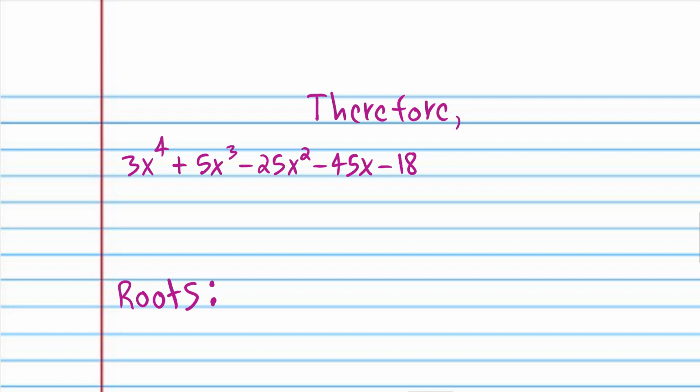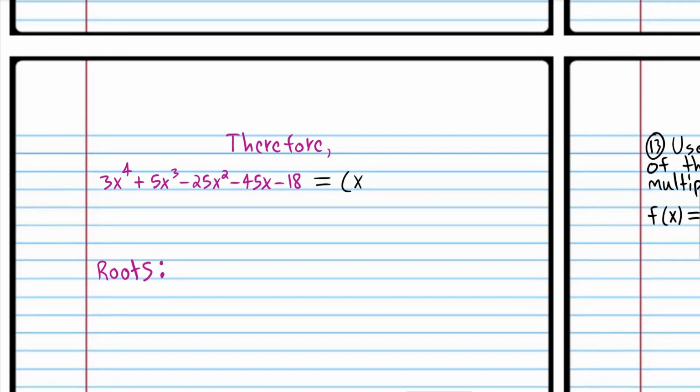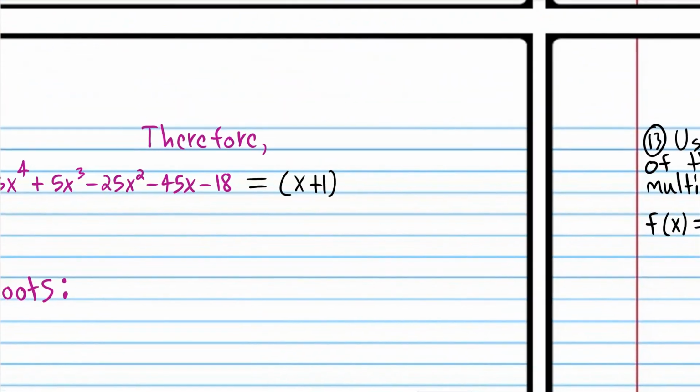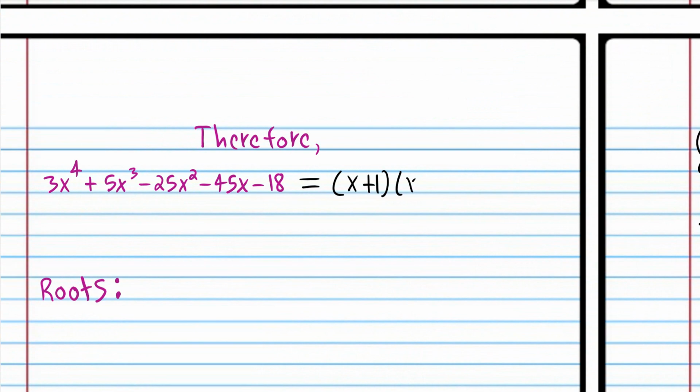Okay, we're back. So therefore, our original polynomial is equal to, and what were the numbers? We had -1 was a solution, so x plus 1 is a factor. And we found that 3 is a solution, or a 0, so x minus 3 is a factor.